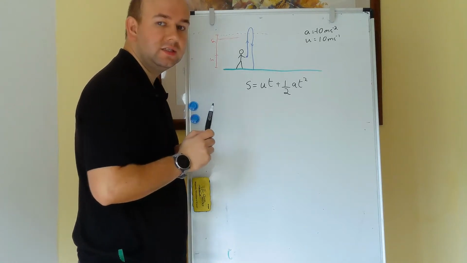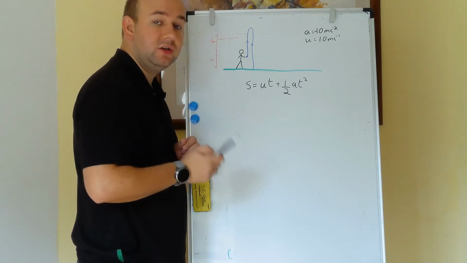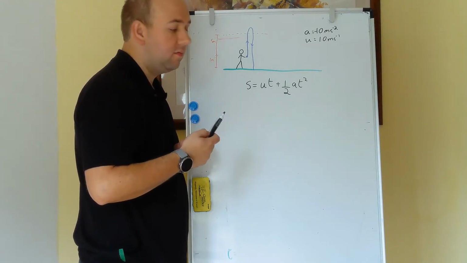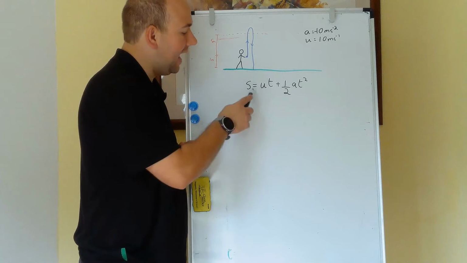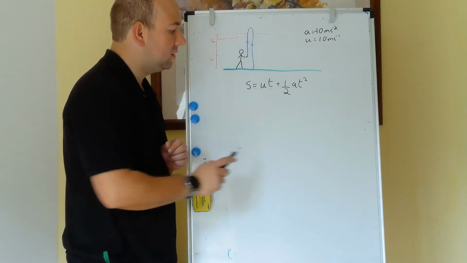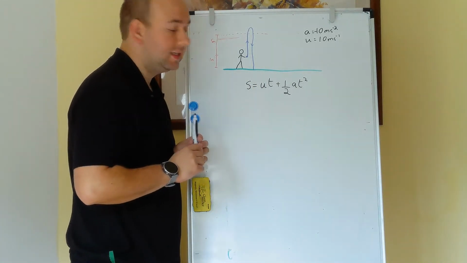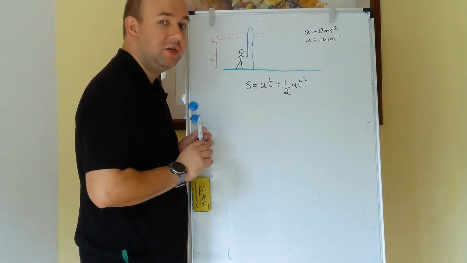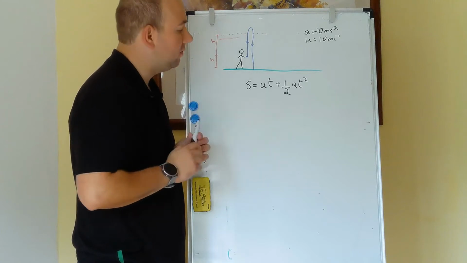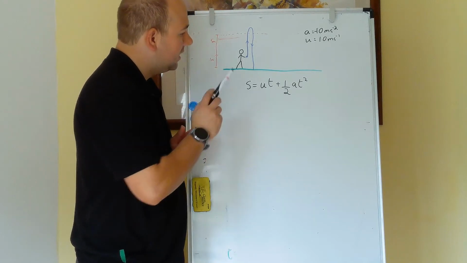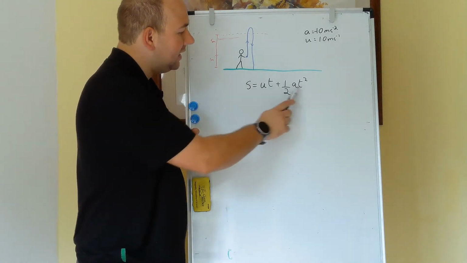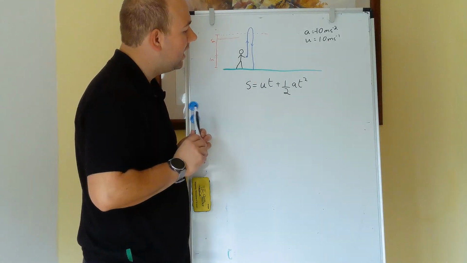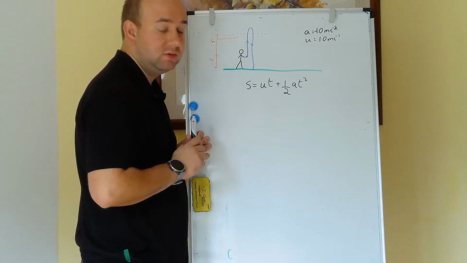These are a series of equations that you learn at GCSE, which tell you about the motion of the ball, and it divides itself up into S, which is displacement, U, which is the initial speed, T, which is the time, A, which is the acceleration, and there's also another symbol they use, which is V, which is the final velocity, which we won't be using today. But this equation has a t squared term and a t term in it, so it looks like a quadratic. So we can use quadratic equations to solve this.